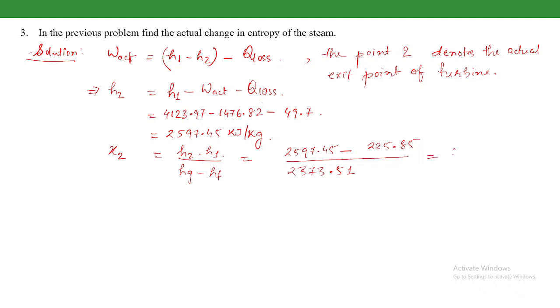This value comes out to be 0.9991, which is very close to 1. Therefore the entropy will be 1 minus x2 into Sf plus x2 into Sg. So this value comes out to be 8.0032 kilojoule per kg Kelvin.